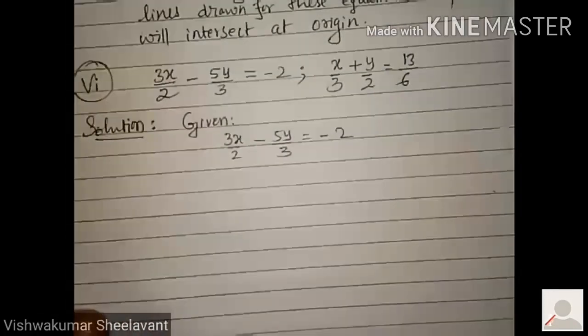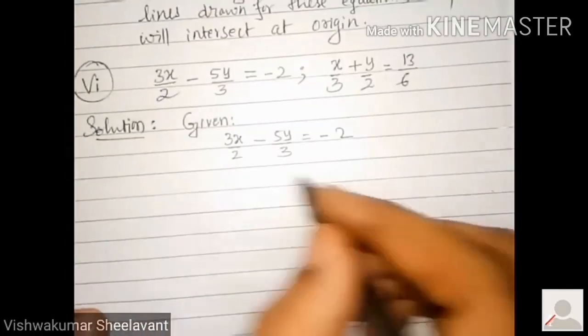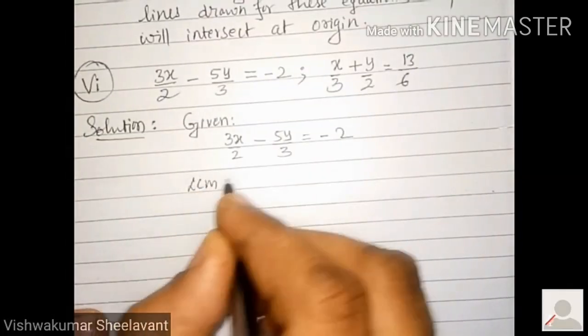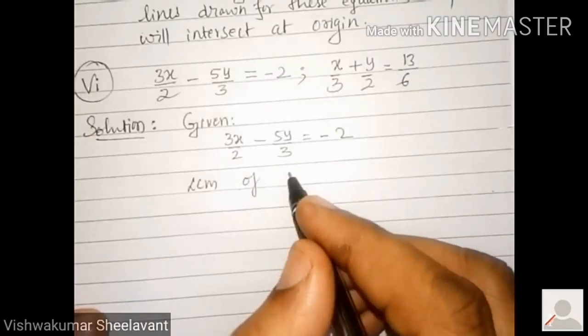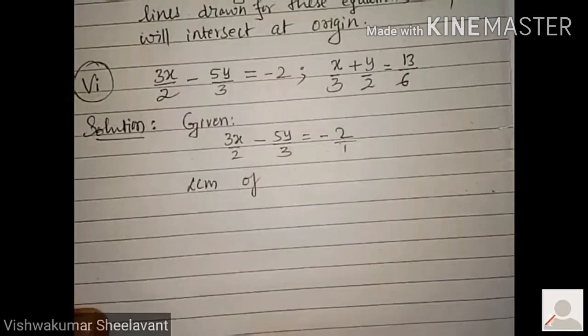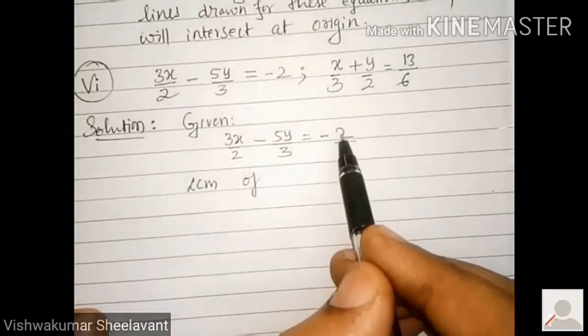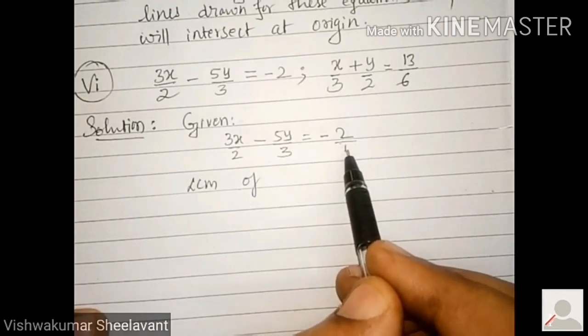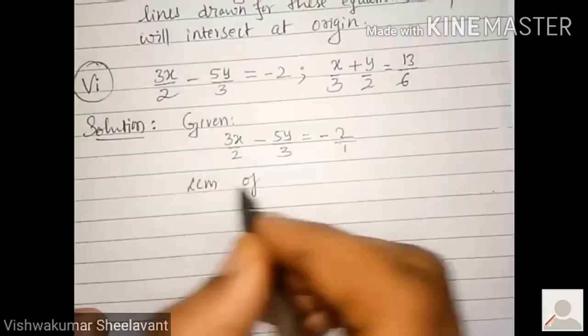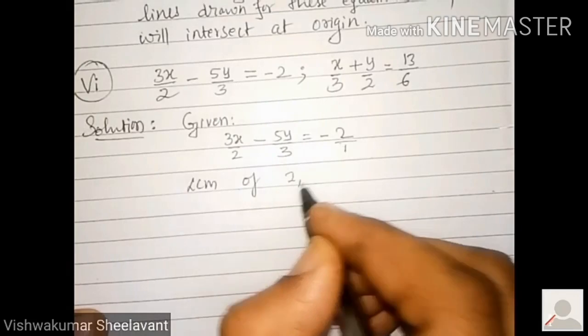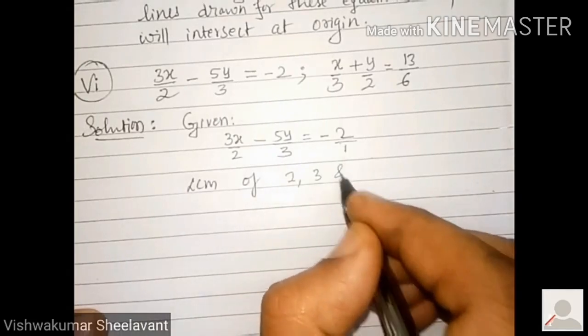Next. LCM of, if nothing is here in the denominator, you can consider it as 1. Now take LCM of 2, 3 and 1.